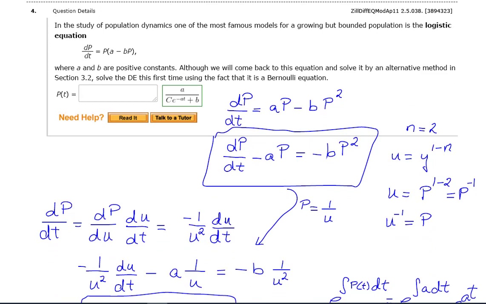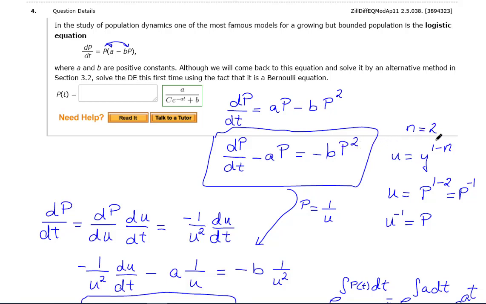All right, and in question 4, we're looking at something from population dynamics. First off, multiply in the p, and we get this. To make it look like a Bernoulli, I'm going to move the ap to the left. And so you can see then I do have a power of 2.